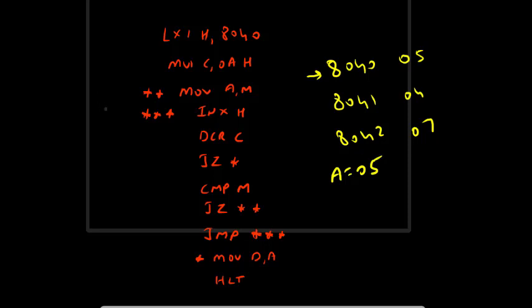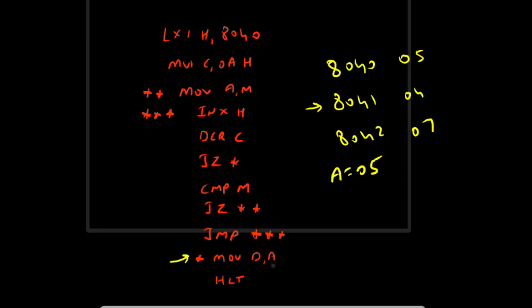Now next we take INX H. With INX H, our memory pointer now comes to 8041. This is our new memory pointer. Now DCR C, we decrement this counter, so 0A becomes 09. And here we have JZ. If this counter becomes 0, then it will directly jump to the second last instruction, MOV D, A, and halt.